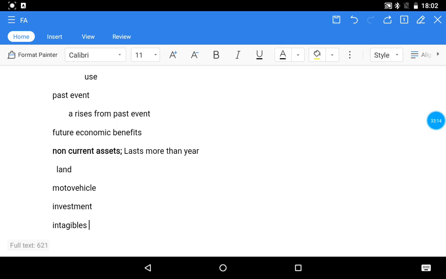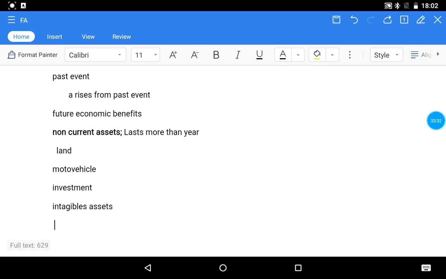The first one is goodwill. Goodwill is a price higher than the fair value of its net assets.